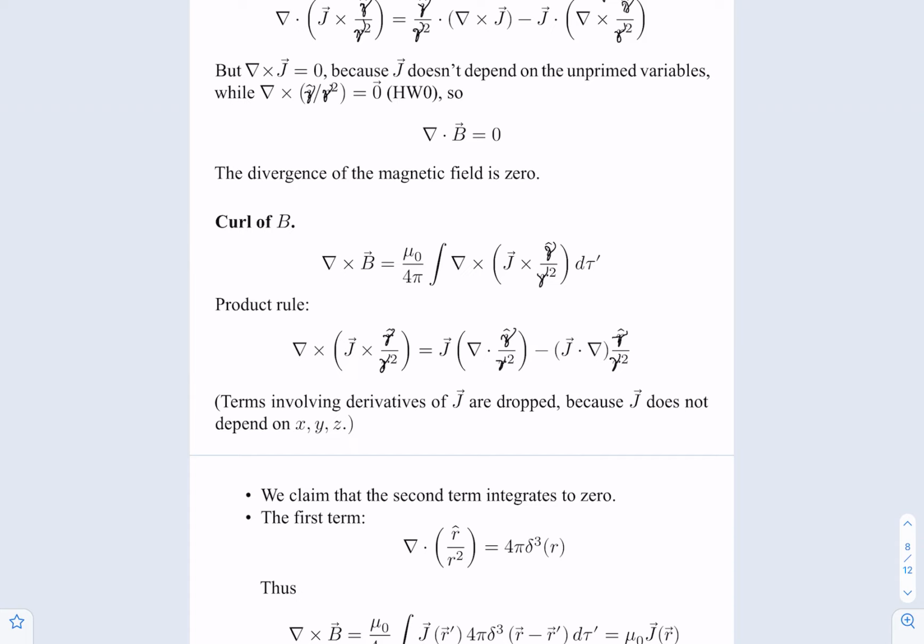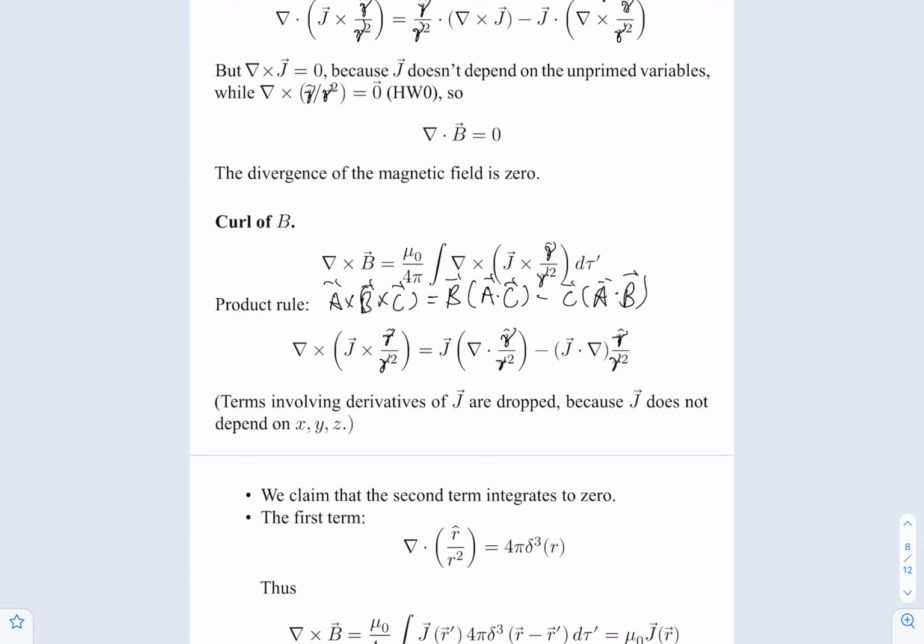A cross B cross C, if I remember correctly, should be B times A dot C minus C times A dot B. But you can always refer to the front page of the Griffiths to double check the expression.